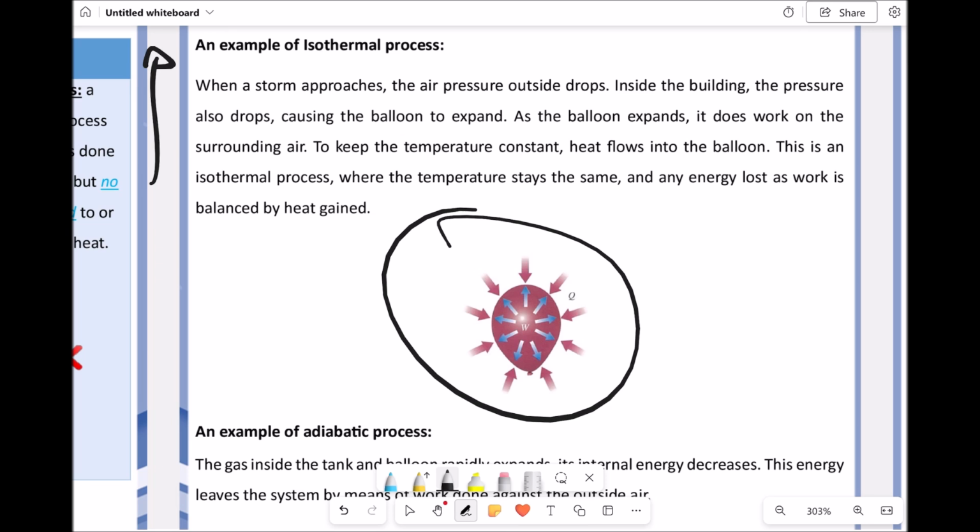The balloon absorbs heat from the surrounding air, and then the balloon is going to have what we call a balanced shape as it gains heat from the surrounding air. Remember, isothermal happens very gradually, and temperature is going to be constant during the expansion of this balloon.